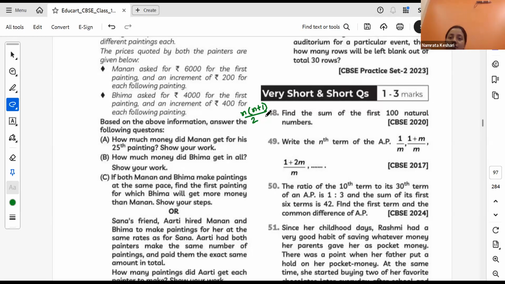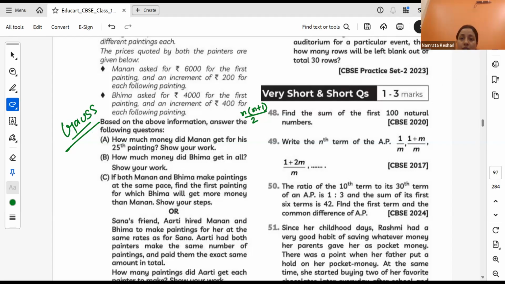This formula is given to us by the mathematician Gauss. Keep it in your mind, because this name is mentioned a little bit in your NCERT. Each and every word from NCERT is important. It's written in your NCERT that at first someone asked Gauss what will be the sum of first 50 natural numbers.